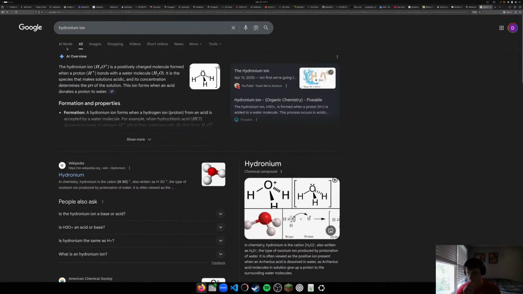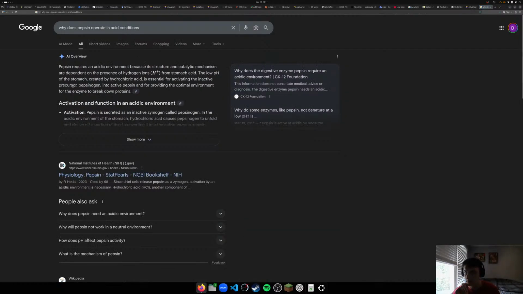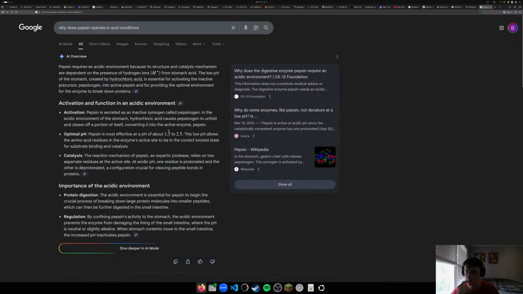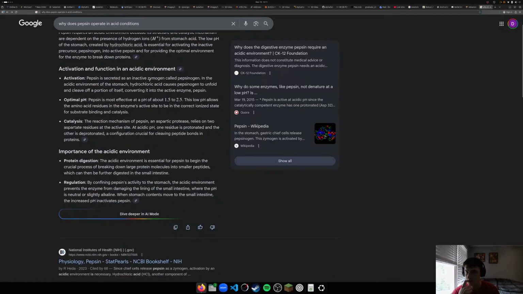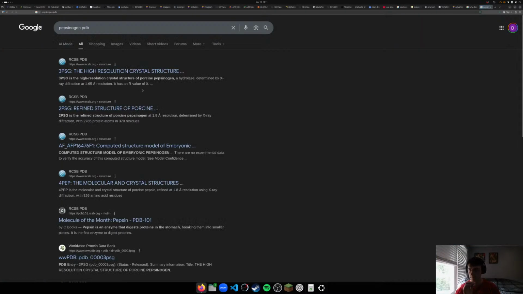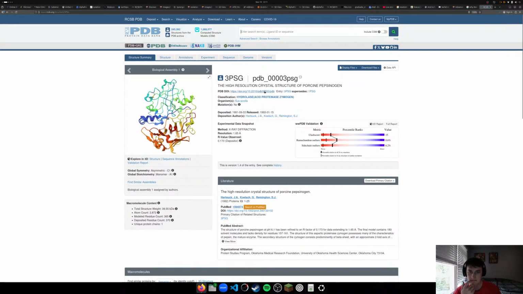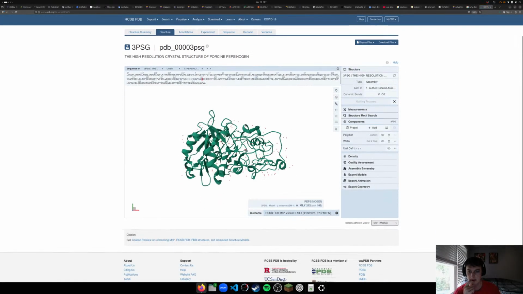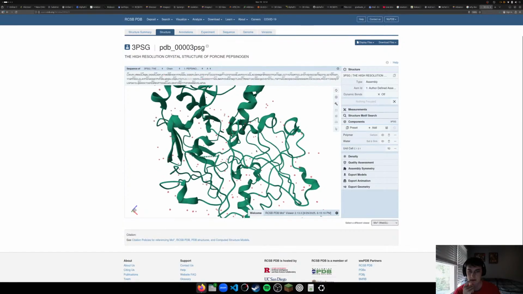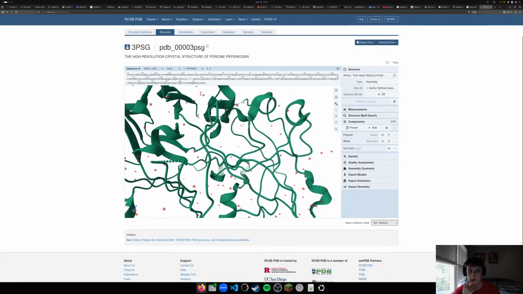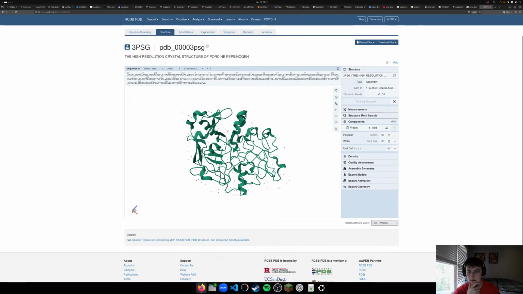The low pH in the stomach... porcine pepsinogen. So this is the inactive form. Looks very unstructured. There's not a lot of secondary structure there.